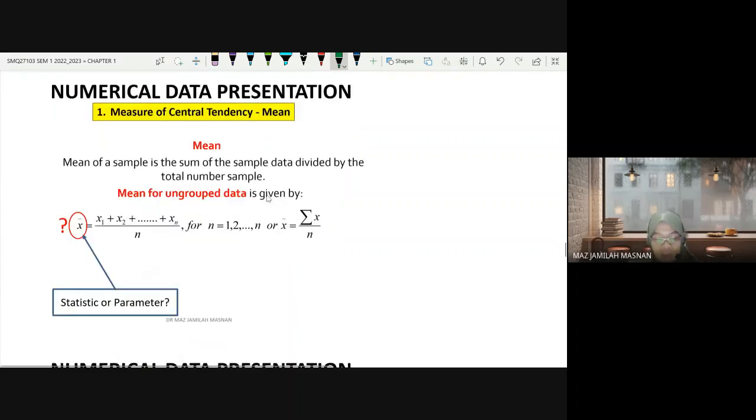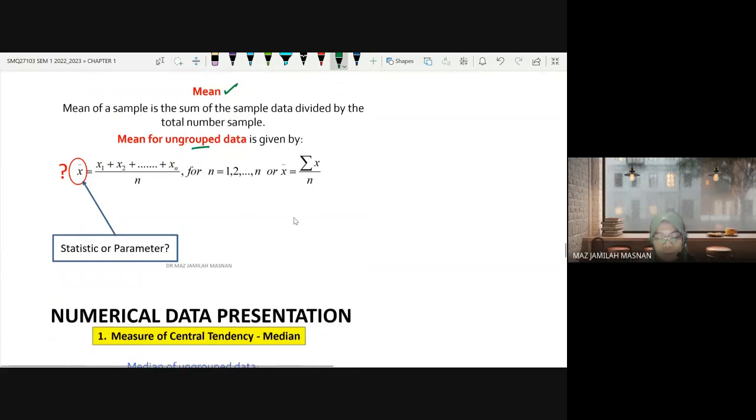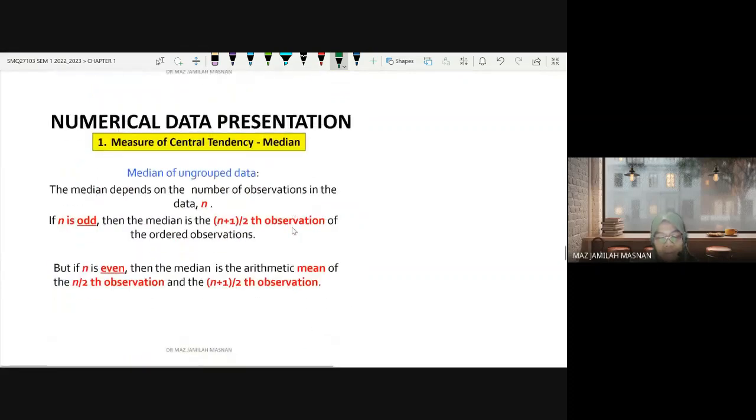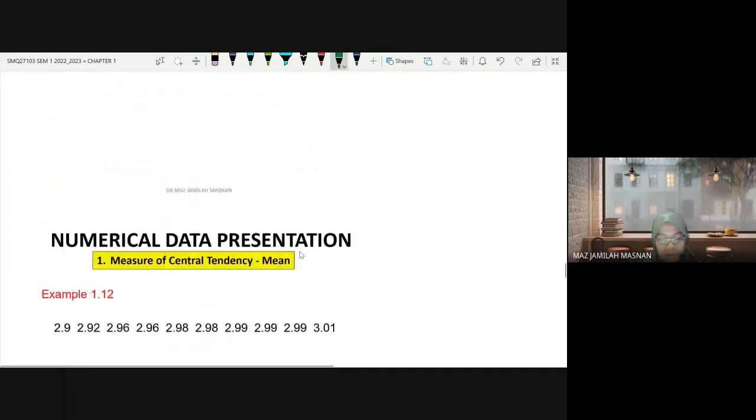Let us look at the first one. Measure of central tendency. Okay, so what is measure of central tendency? We call it as mean. Mean of a sample is the sum of the sample data divided by the total number of samples. So class, remember last time we talked about ungrouped data and grouped data.